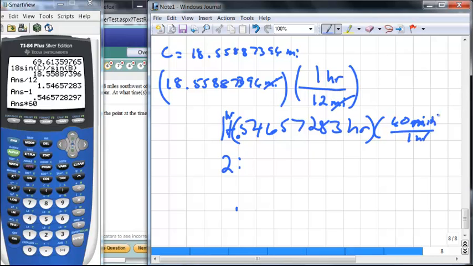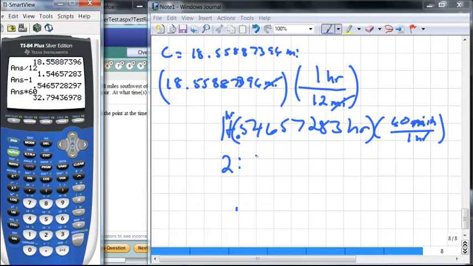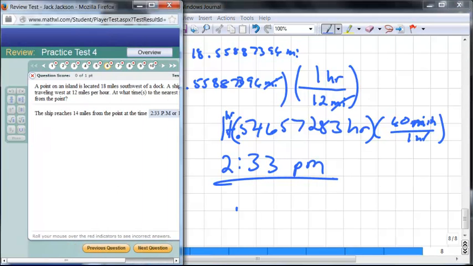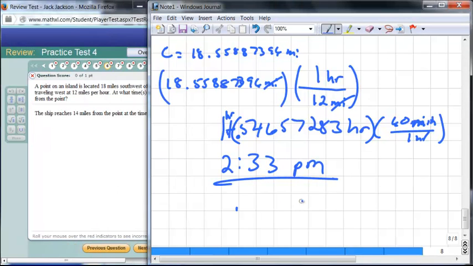Multiply that by 60 and we'll get the minutes, about 33 minutes, so 2:33 p.m. So there's one option.